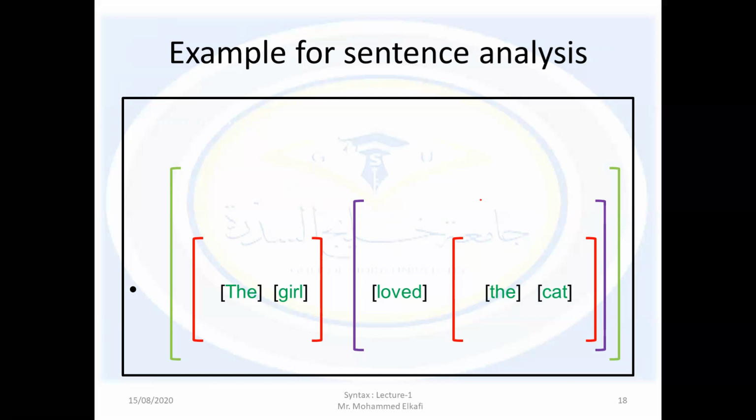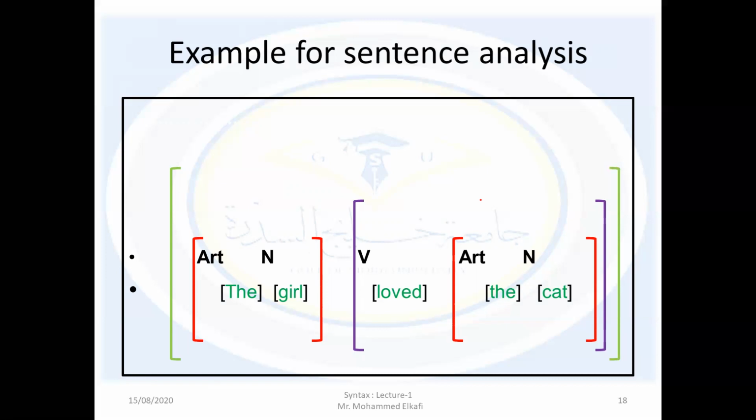So let's see. "The" is a determiner or an article. "Girl" is a noun. And "loved" is a verb. "The" is an article, and also "cat" is a noun.